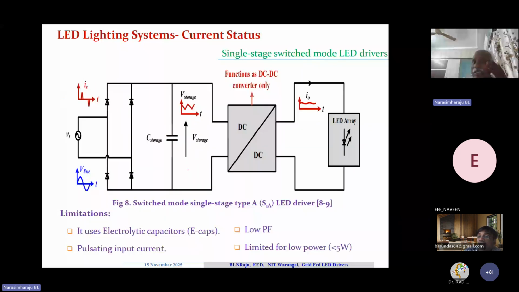So one, this is called a single stage switch mode LED driver. What is that single?